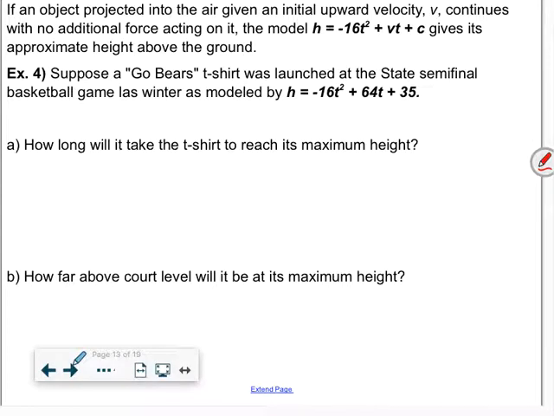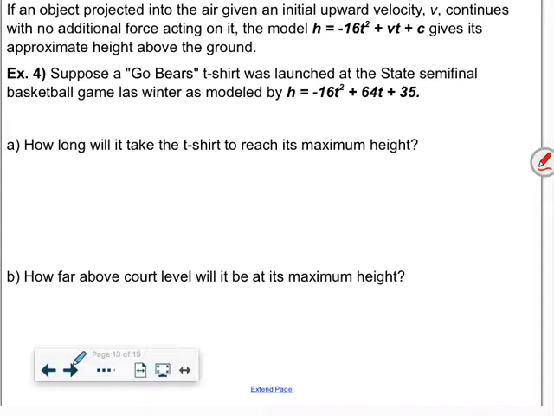All right, let's look at an example. Like, who cares about parabolas? What's the point? Well, if you like baseball, basketball, football, those things can be described by parabolas. If you're interested in any sort of object that you can throw up into the air, we describe them with quadratic equations.